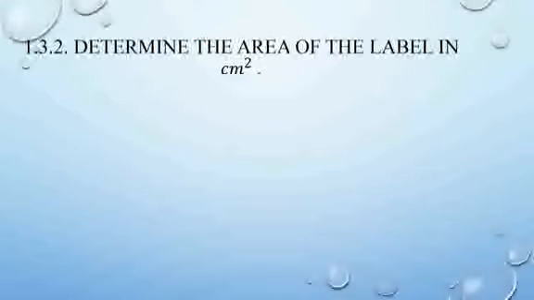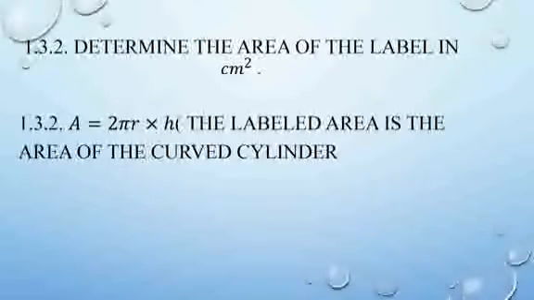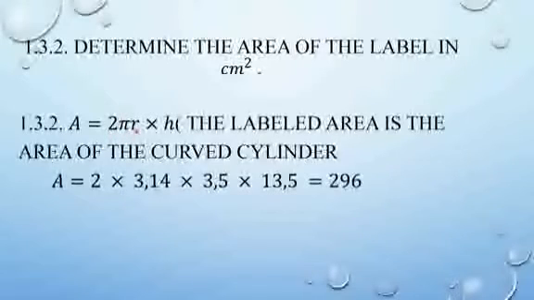Determine the area of the label in square centimeter. Now, what will be the label? The label will be the curved area of that particular cylinder. So what will be the curved area of that particular cylinder? The curved area of a cylinder is 2 pi r multiplied by height.